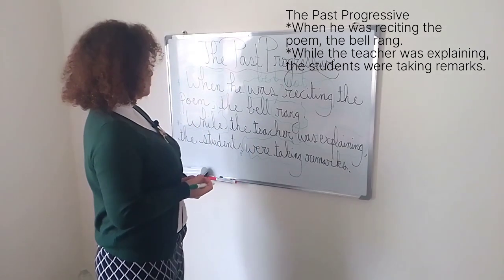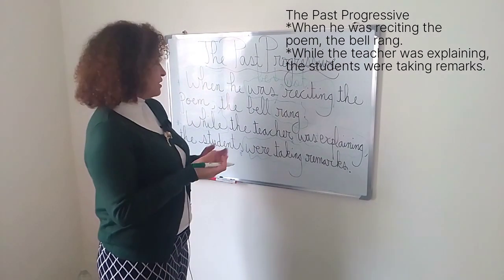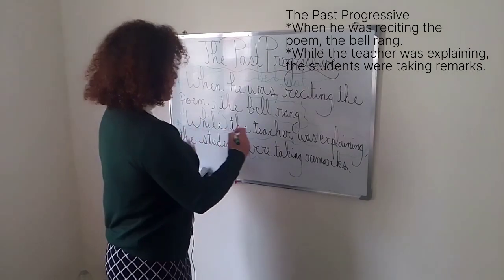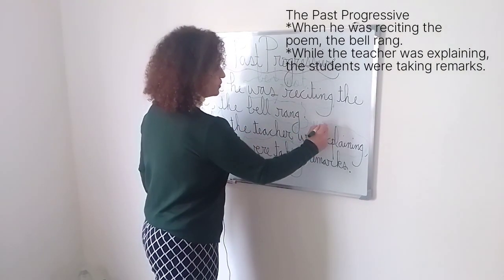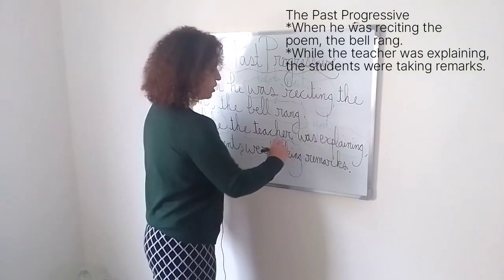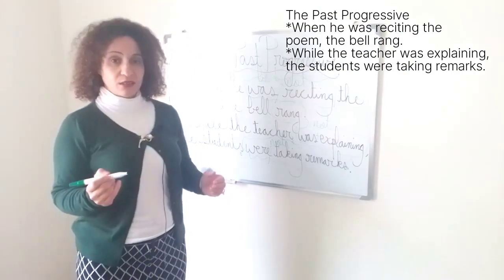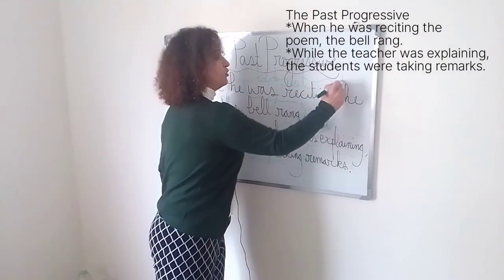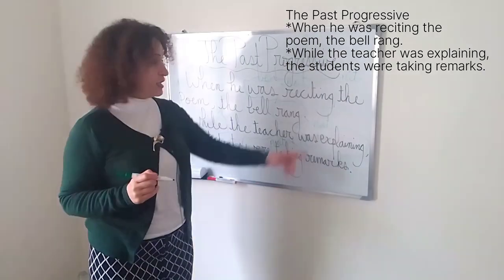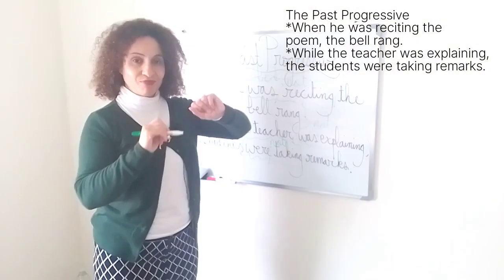So the sentence would be, when he was not reciting the poem, the bell rang. While the teacher was not explaining, the students weren't taking remarks or were not. Of course, all the time I have total freedom to choose the contraction of not, which is an apostrophe T.